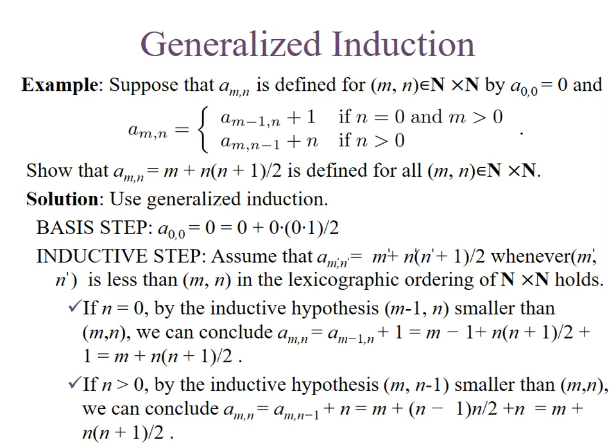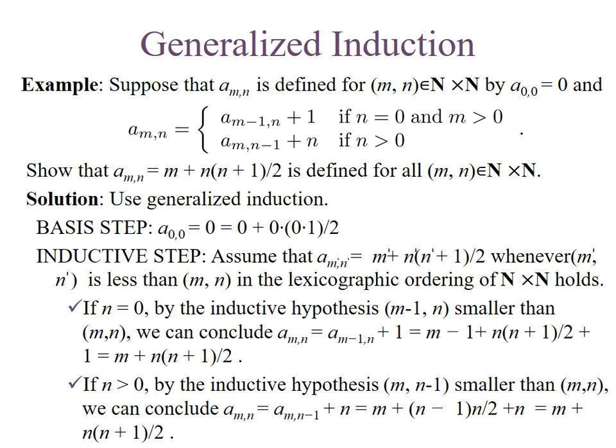So the result will be n plus n times n plus 1 divided by 2, plus 1. Now we can see the result equals n plus n times n plus 1 divided by 2. It's just our equation.